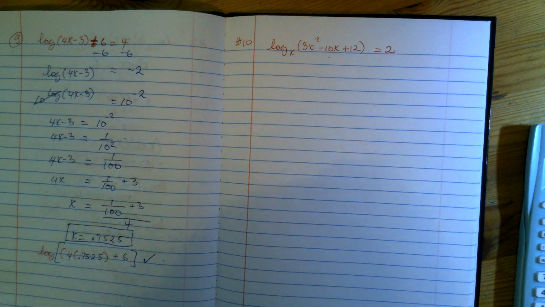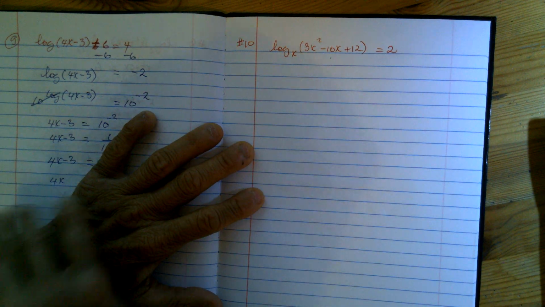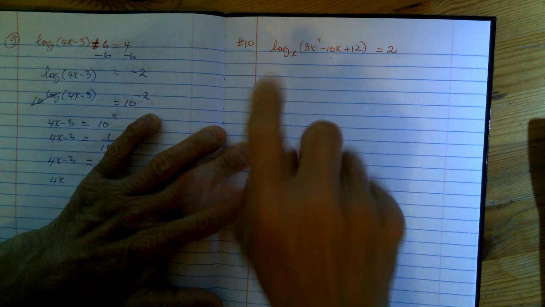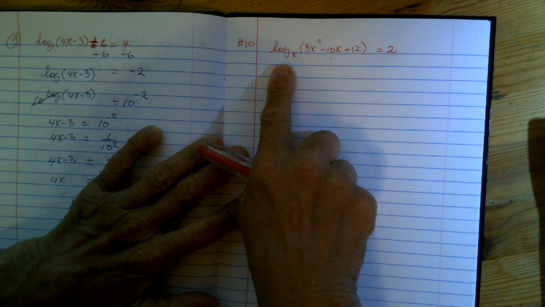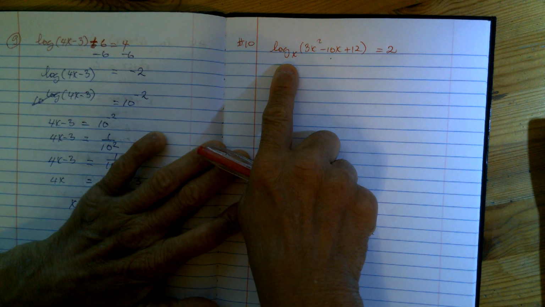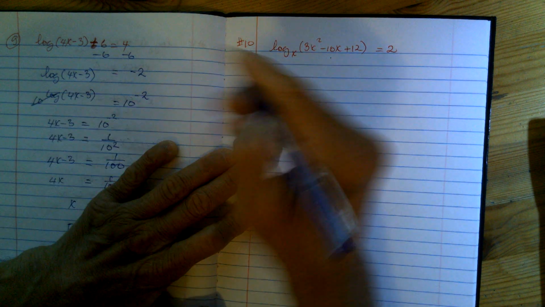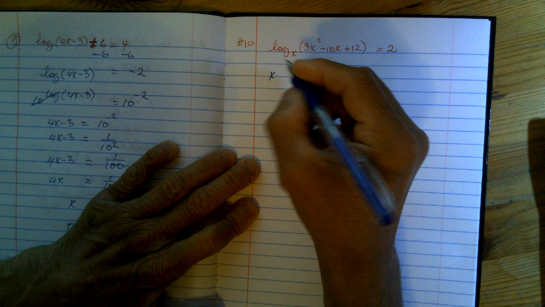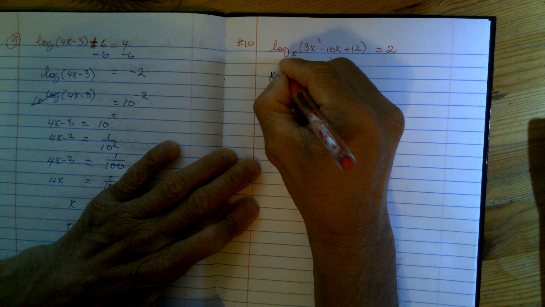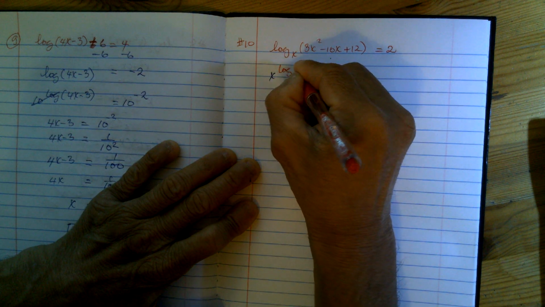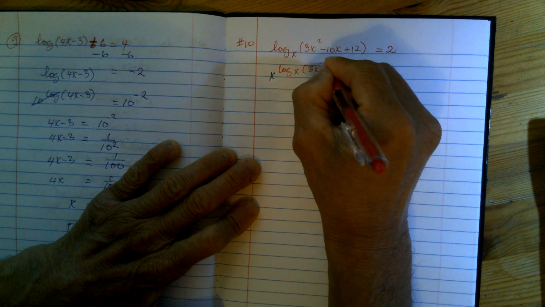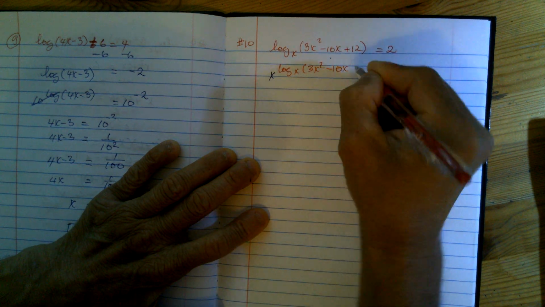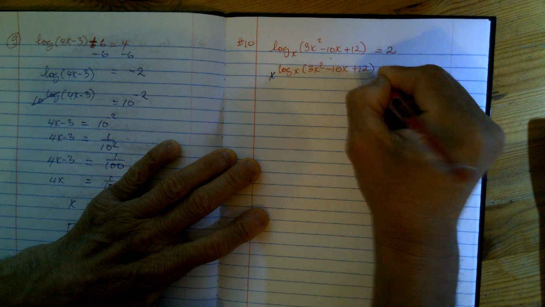So we need to get rid of log, and the inverse of log would be exponential. We need to put it in an exponential form. To do so, we're going to raise x to the log base x of 3x squared minus 10x plus 12.